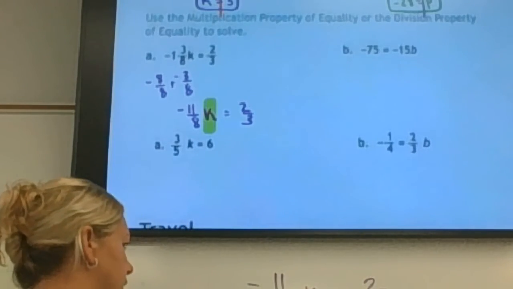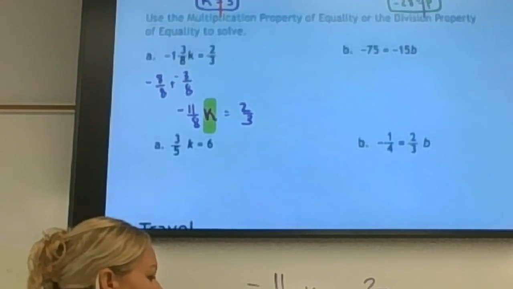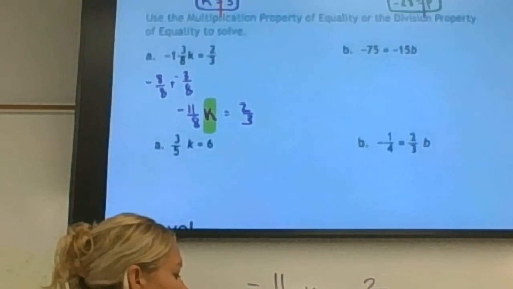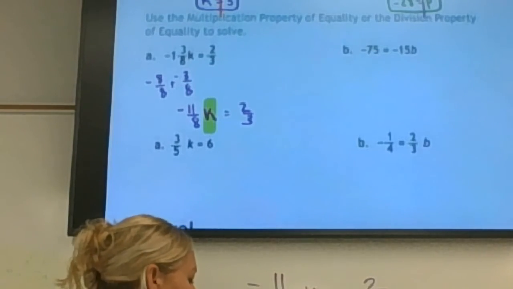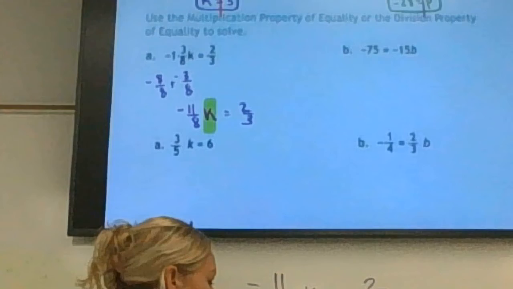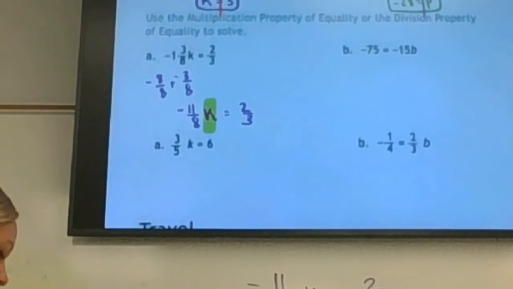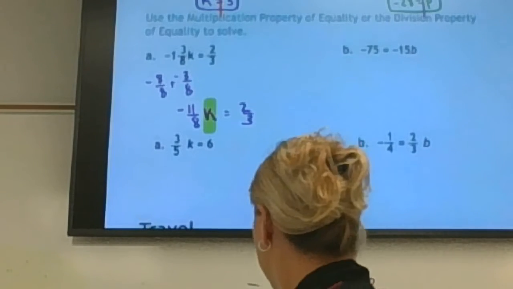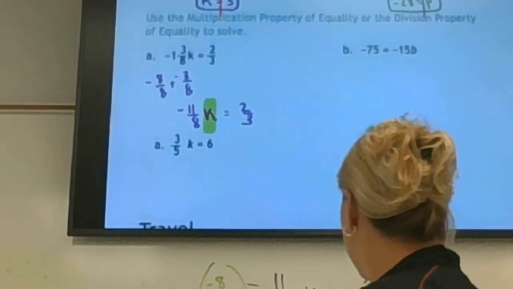So if I want k alone here, we're going to multiply by the reciprocal to isolate k. So the reciprocal will be negative 8 over 11.